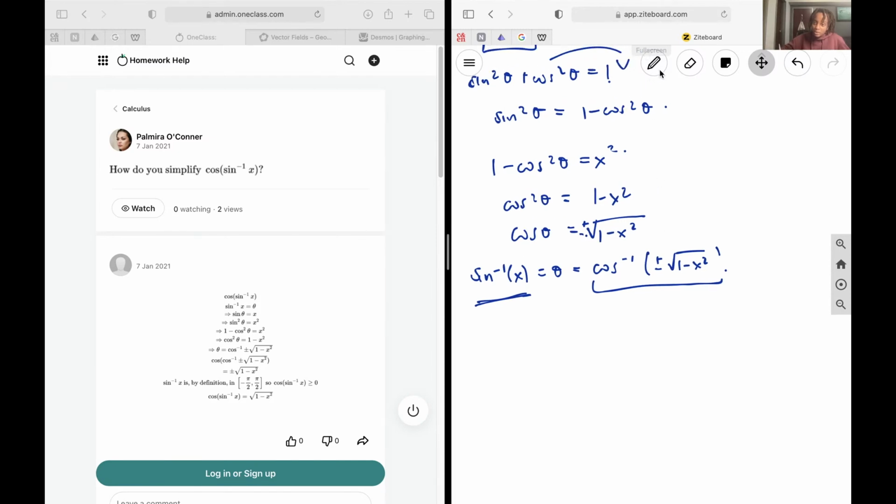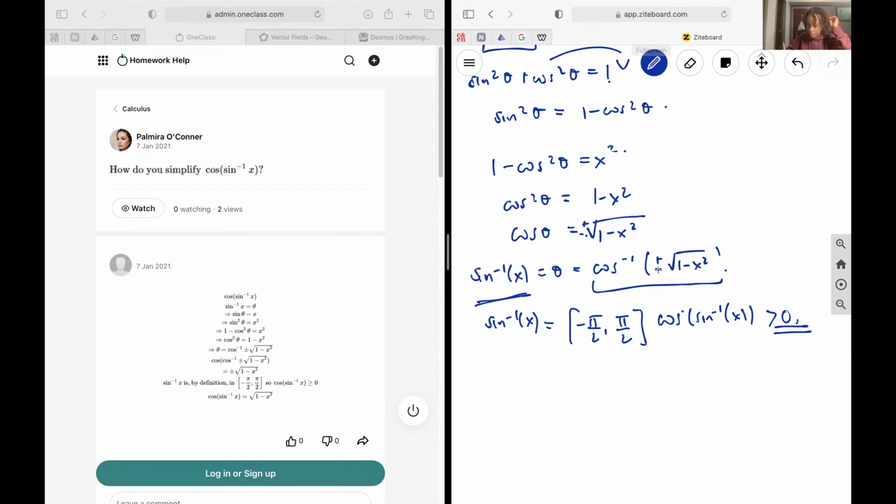But I additionally need to note that inverse sine of x is going to lie between negative pi over 2 and pi over 2, so the cos of this will always spit out something that's greater than 0.